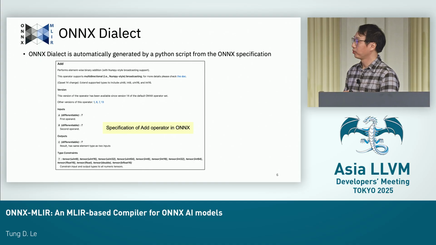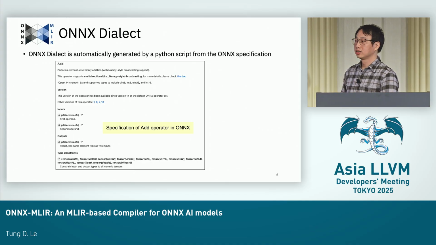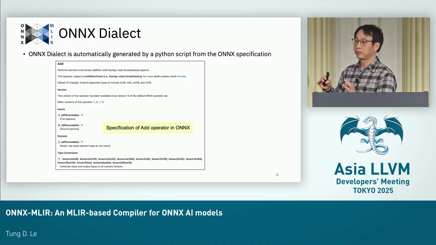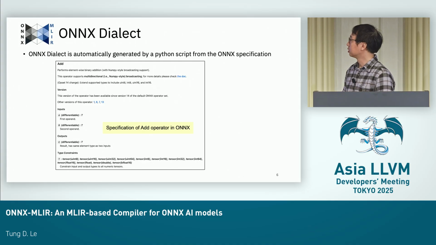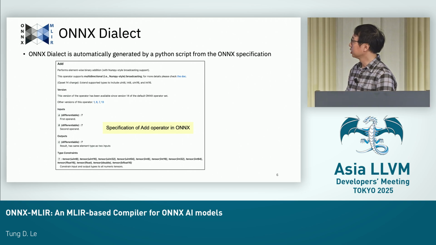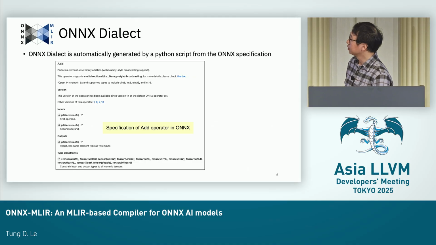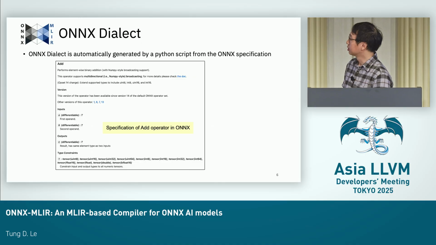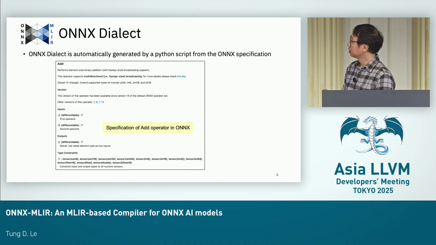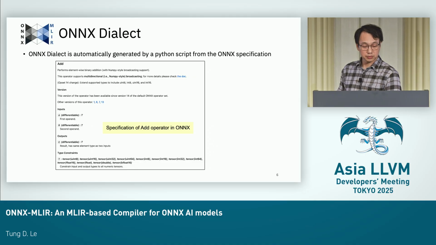The ONNX dialect is automatically generated by a Python script from the ONNX declaration. The ONNX declaration is in the protobuf format, and we read the specification and generate the ONNX dialect. This is one example of an ONNX operator in the ONNX specification. You can see that we have the operator name and a short description. Then we have version information, the inputs and outputs, and the type constraints for input and output.